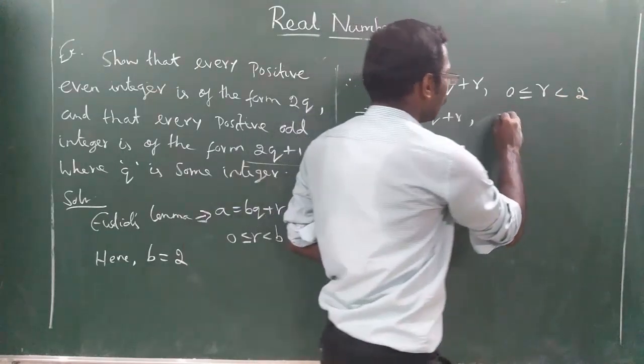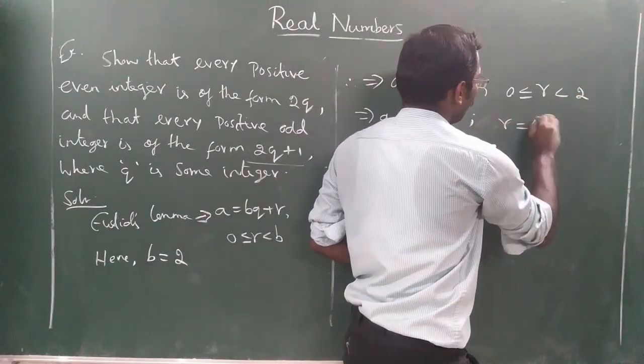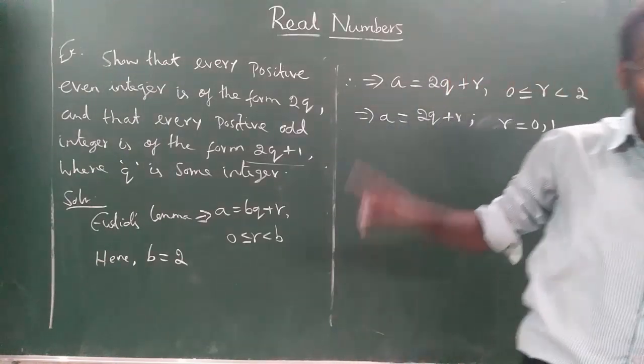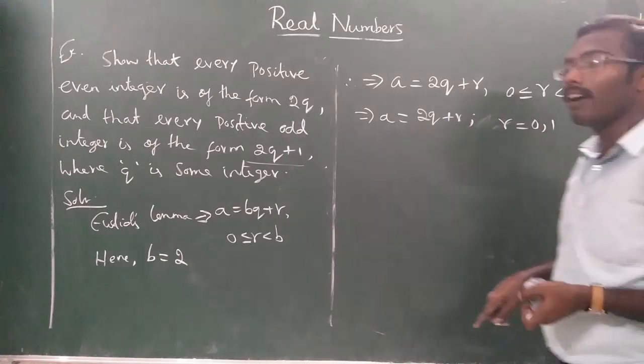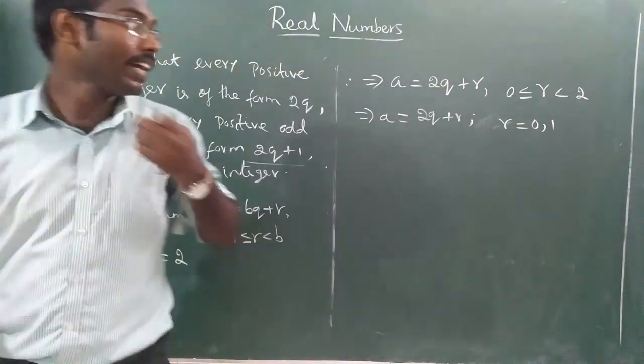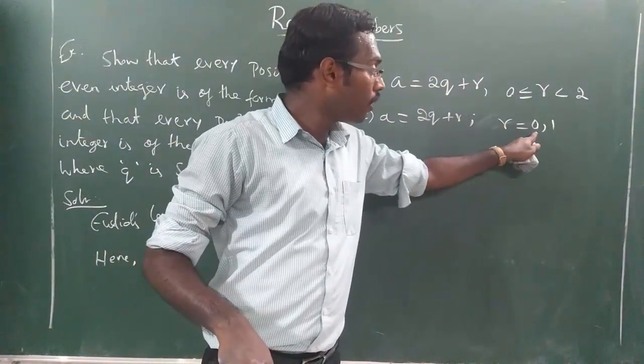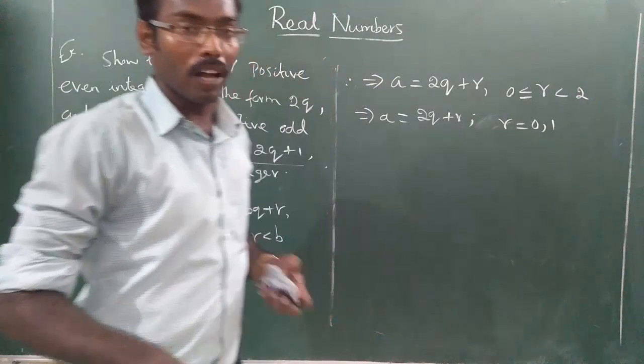In case 5 is given here, it means 0, 1, 2, 3, 4. In case 6 is given here, 0, 1, 2, 3, 4, 5. Therefore r value has 2 possibilities. Okay. What are the possibilities? It may be equal to 0 or it may be equal to 1.